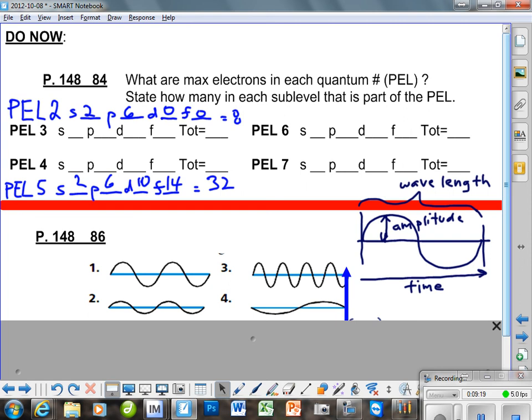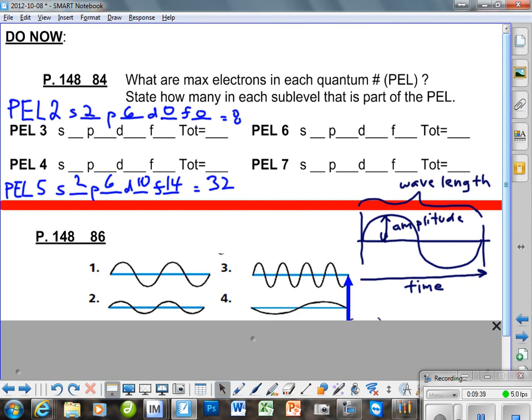And how about this one? See if you can figure out how many before I get there. That's one wave. 2 waves. 3 waves. And 4 waves.